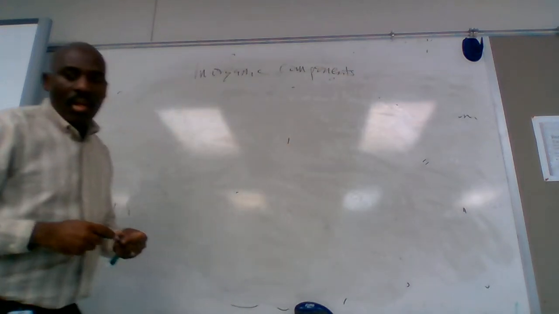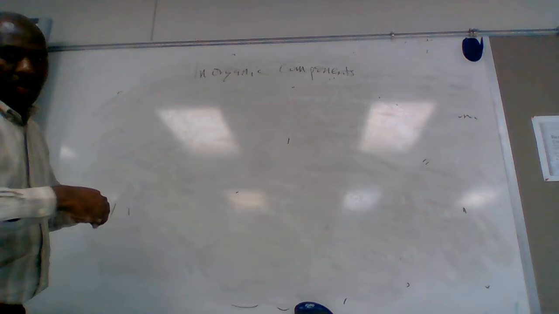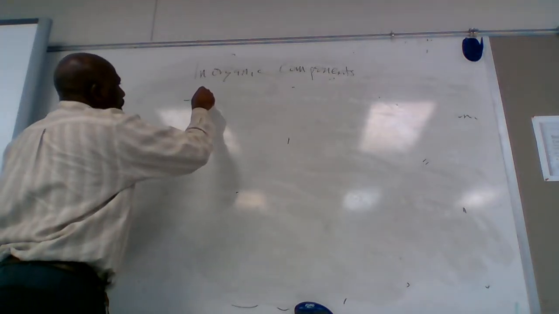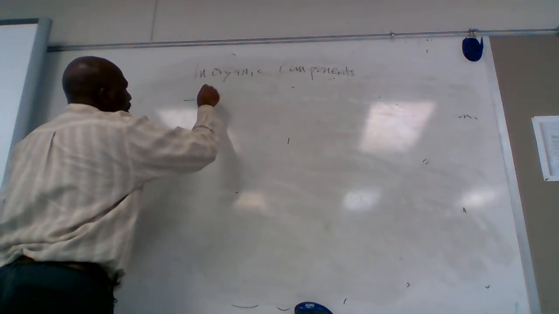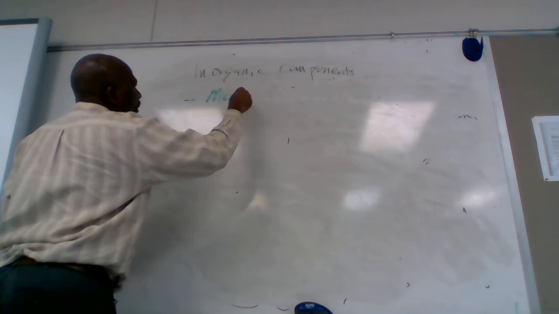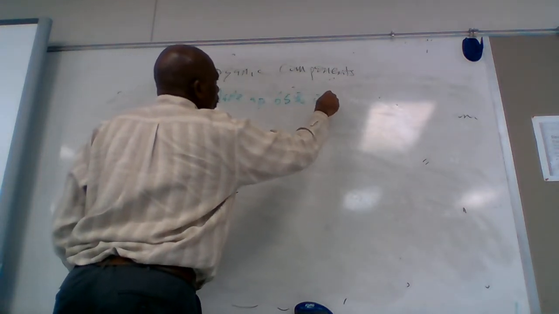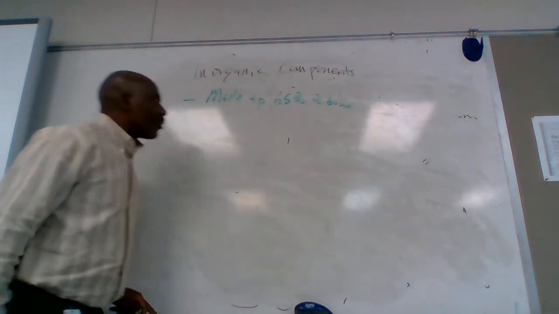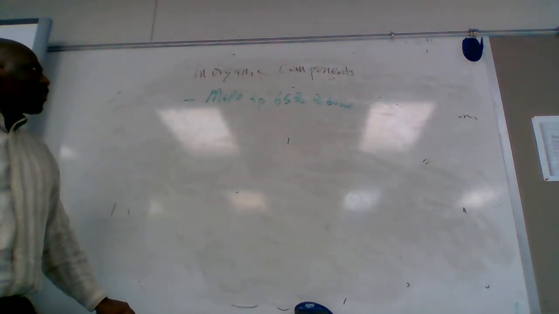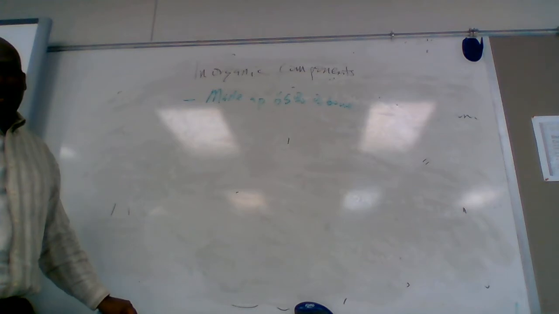So, inorganic components of bone. These inorganic components make up 65% of bone mass. So 65% of bone mass is made up of inorganic components.